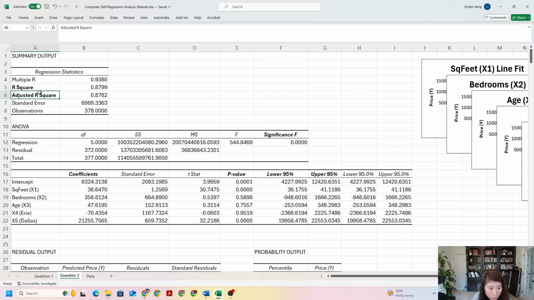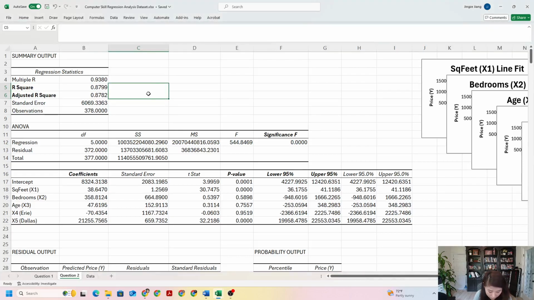If you are not comparing models, feel free to use R-square or adjusted R-square. Here I'm going to use both to show you, because I want to help you compare our simple linear regression model versus our more complicated multiple linear regression model, and make a decision on which one is better.